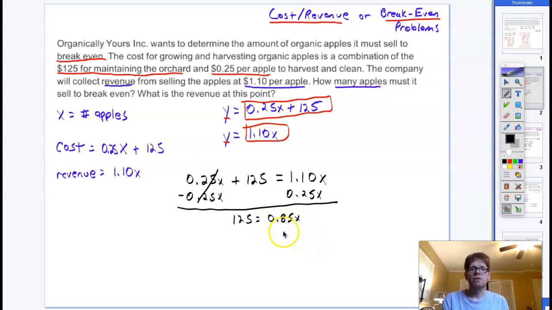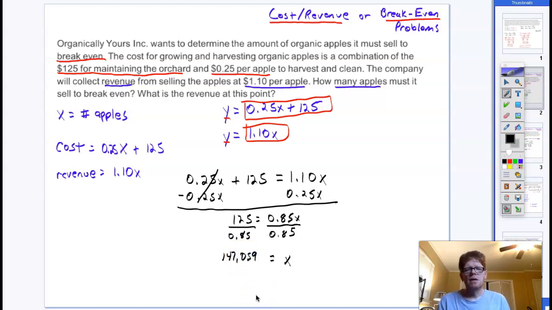And then I want to isolate my x variable, so I'm going to divide both sides by 0.85. You can punch that in your trusty calculator and give it a shot. 125 divided by 0.85 is 147.058, or 147.059 if we round it off there.